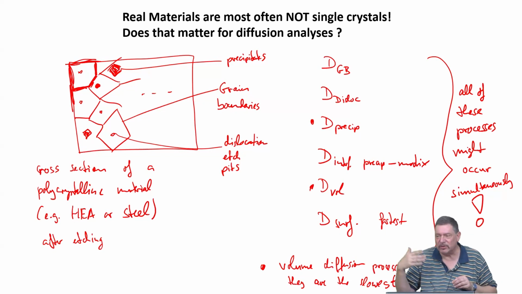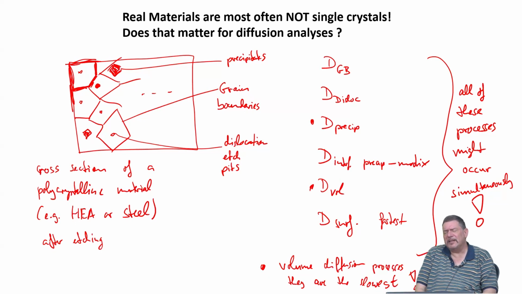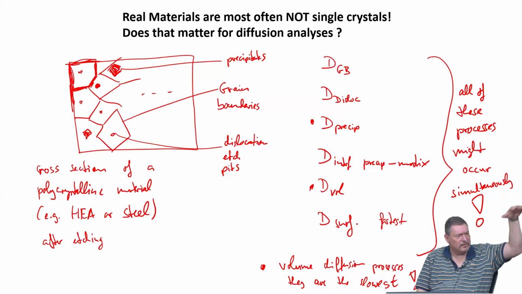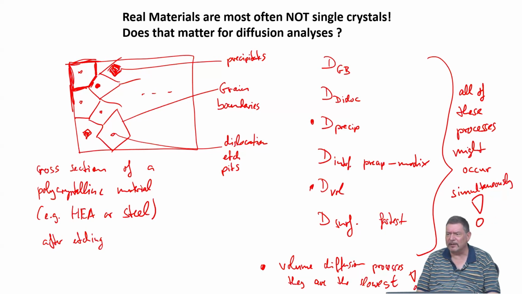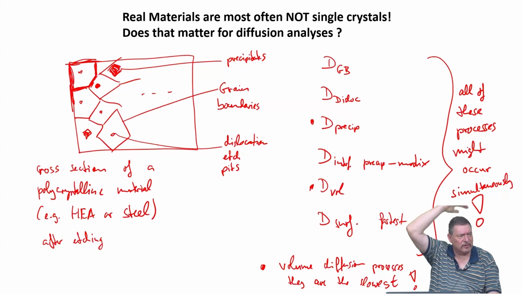What's the crystal structure of the precipitate? What's the crystal structure of the matrix? Would you have an easy concept to explain this hierarchy in diffusivities, in diffusion speeds, between in the volume slowest, on the free surface the fastest?